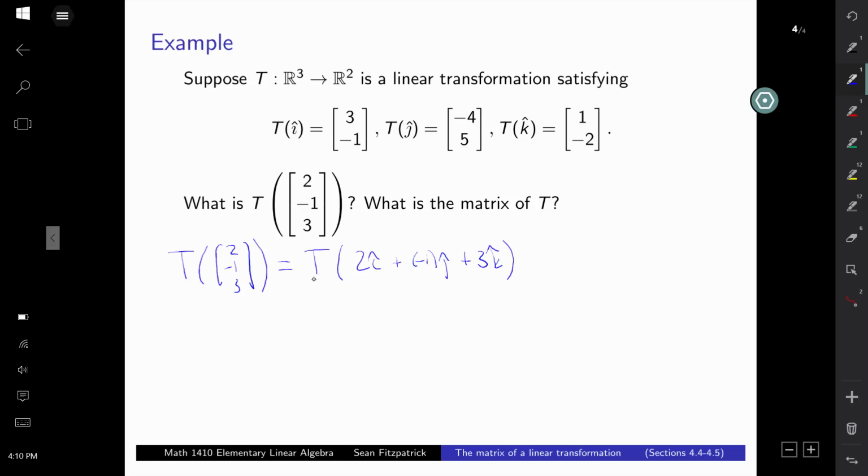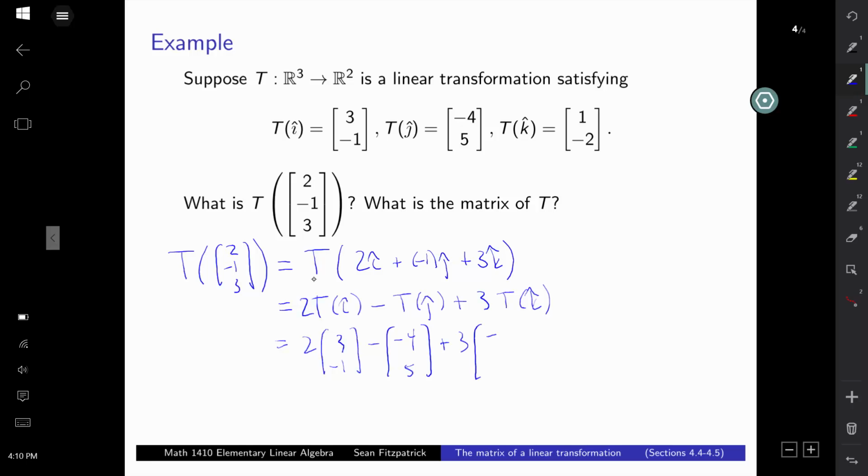Using the properties of matrix transformations, that's the same as 2 times T of i, minus 1 times T of j, plus 3 times T of k. So that's 2 times the vector 3, minus 1, subtract the vector minus 4, 5, plus 3 times the vector 1, minus 2.